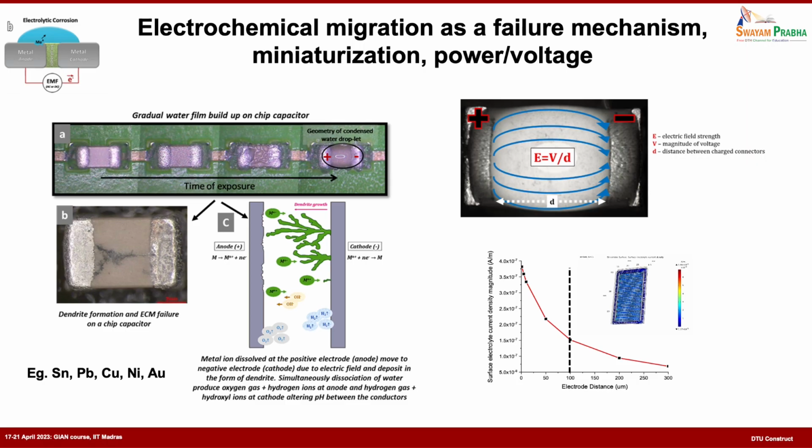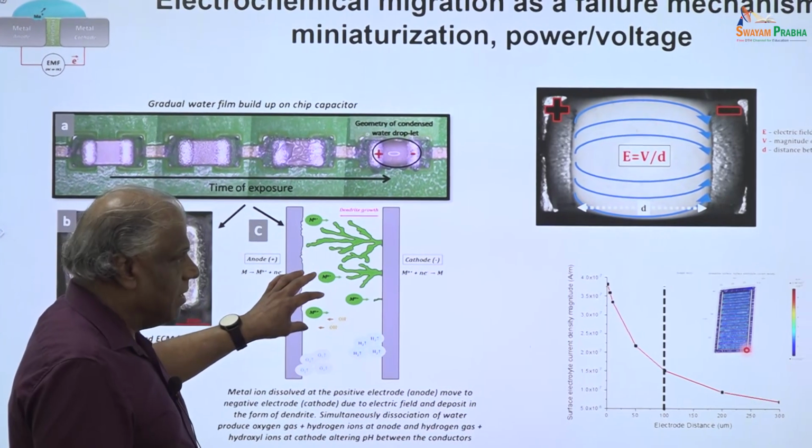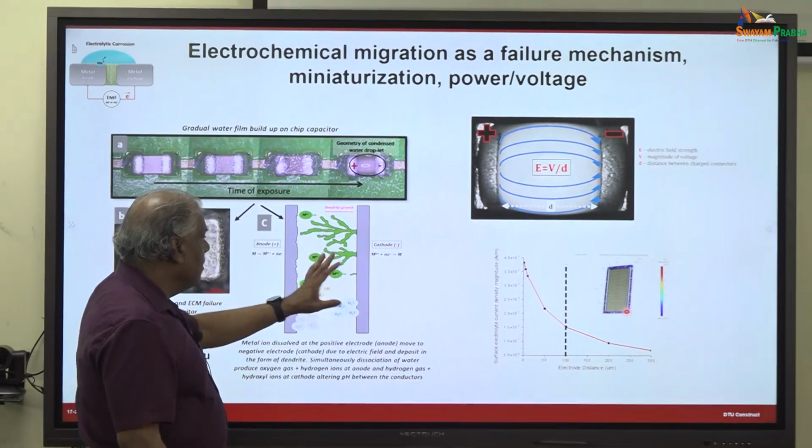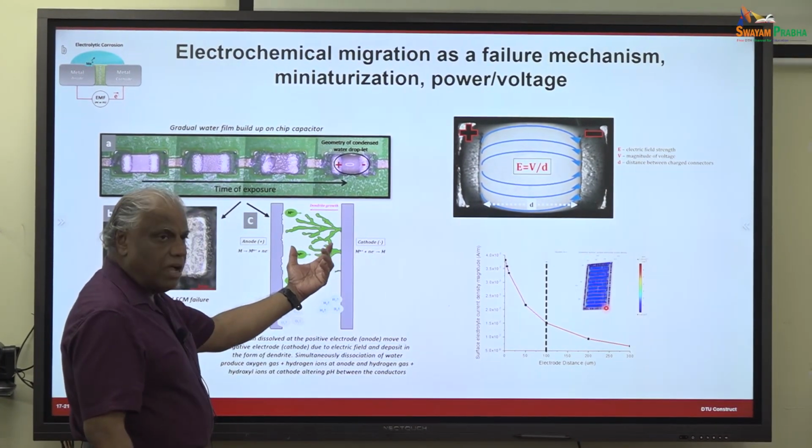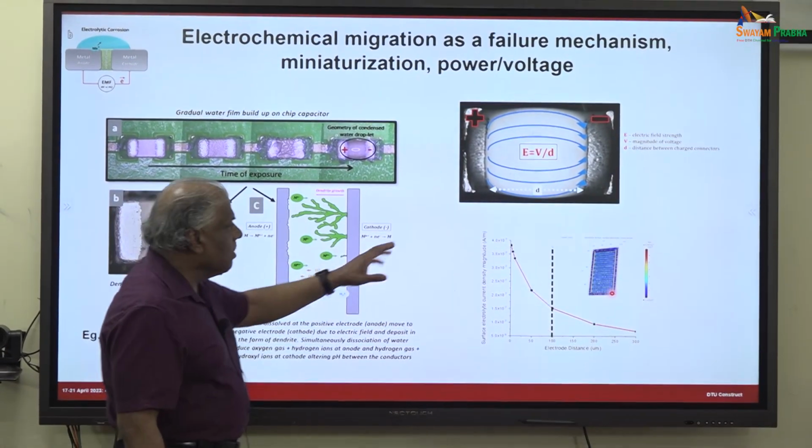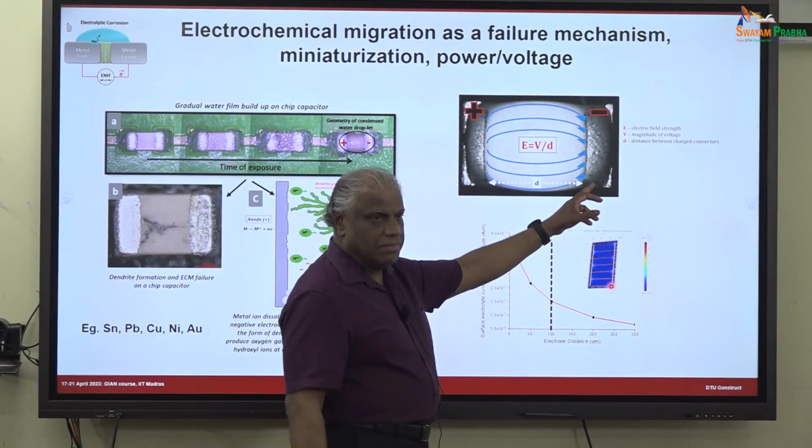Now first, before we go to that, let us take a little bit on this. That is, this dendrite is forming. There are certain characteristics related to this dendrite as well, because how dense this dendrite is and how fast it forms also depend upon the distance.